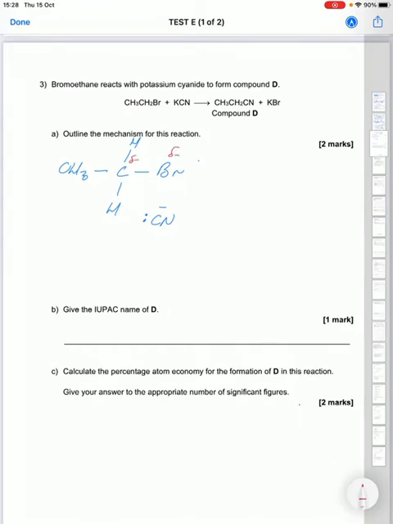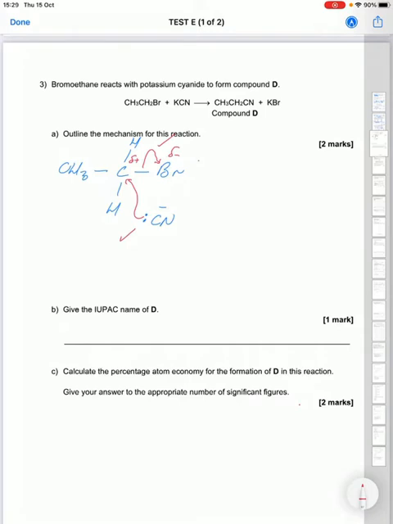Delta minus, delta plus, because I know that electrons are going to be attracted to something that is slightly positive. And the carbon-bromine bond is going to break. And because the bromine is more electronegative, it's already pulling that pair of electrons towards it anyway, so we're going to have that. So there's 1 mark for that arrow and 1 mark for that arrow.